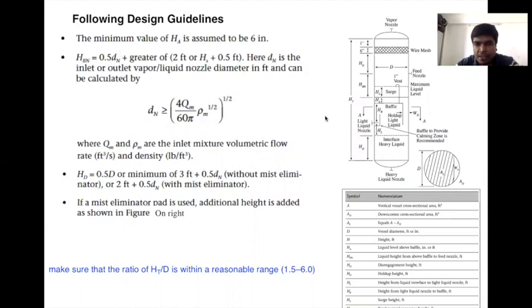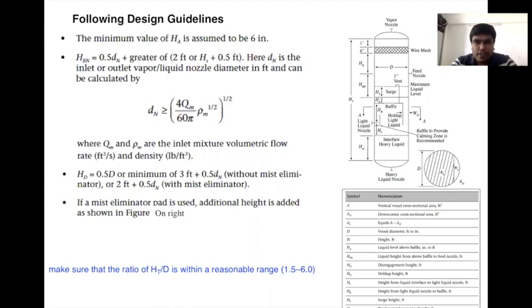So this HBN is the liquid height from the baffle to the feed nozzle. This is the feed nozzle and this is the baffle. So HBN is the height which you can calculate by having the idea of the feed nozzle diameter. All these criteria are written here. You can go through it, and then you will have an idea how different heights are calculated and what parameters are required to find them, right?